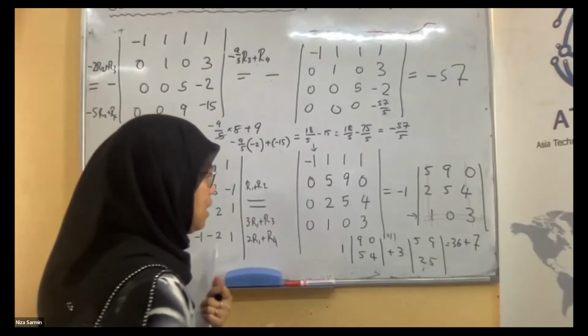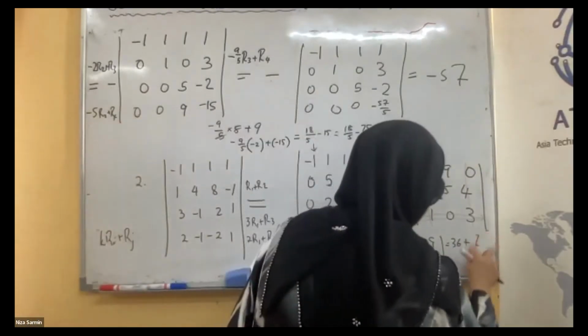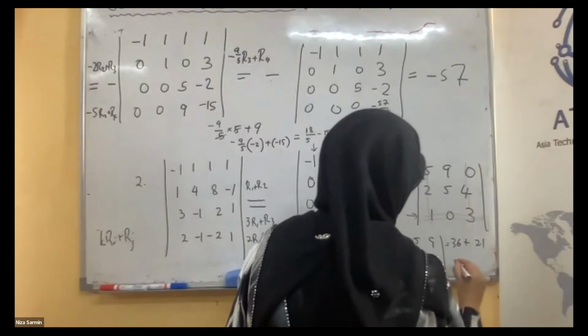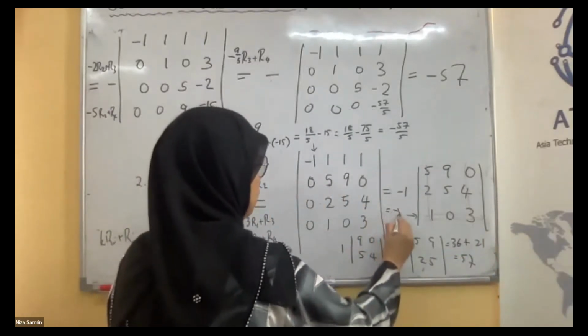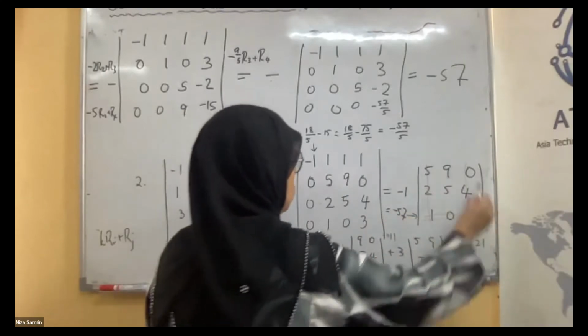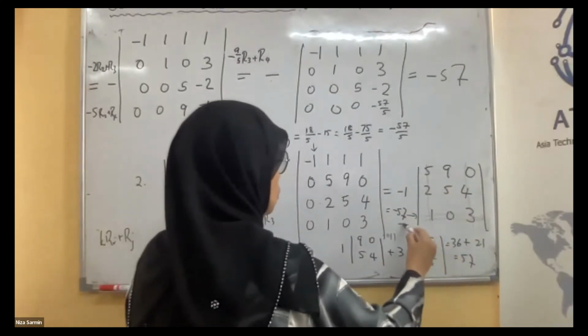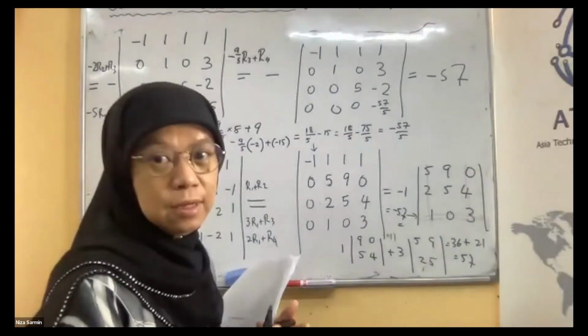Times 3, 21. So this is 57, so this is negative 57. This part only I calculate here. So you get negative 57.